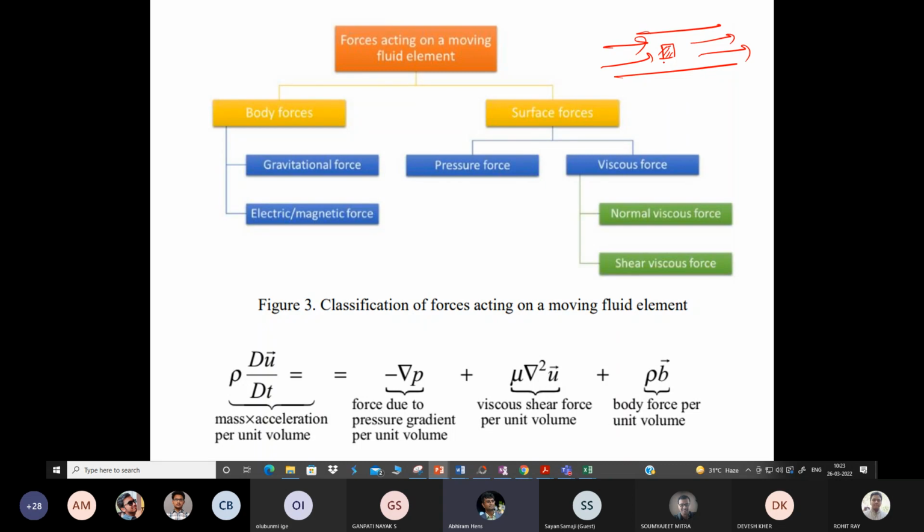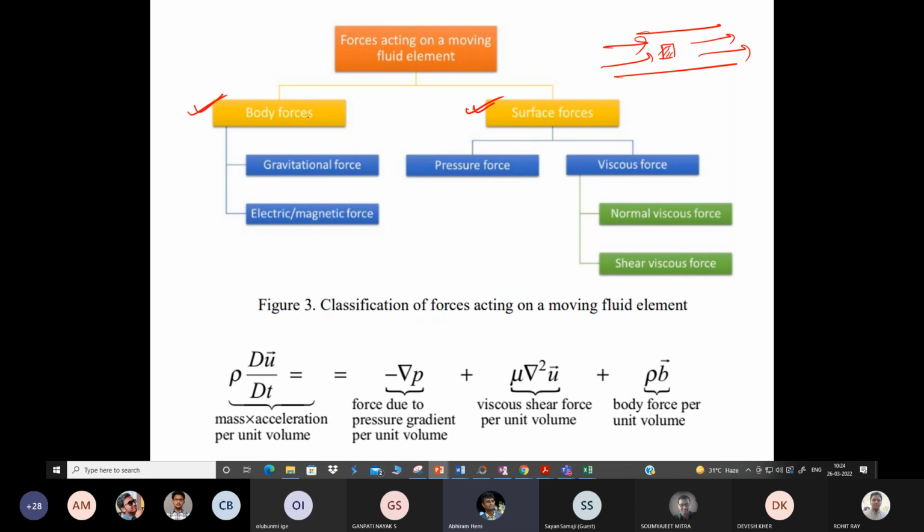These can be classified broadly into two parts. Some of the forces are called body forces, and some are called surface forces. Total forces acting on a fluid element in any fluid flow can be categorized into two parts. One is called body force, which depends on the mass of the body, and one is called surface force, which depends on the surface area of the body.